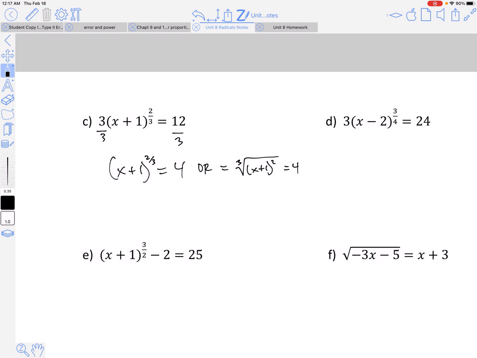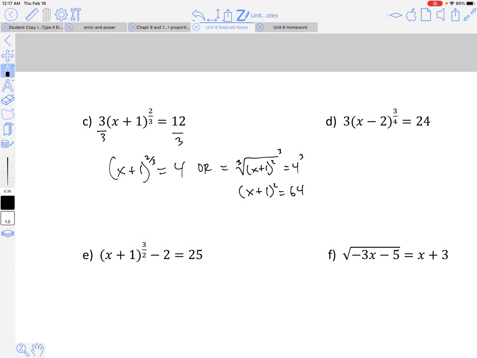So one thing that we could do is we could cube both sides, right? And that will give us x plus 1 squared equals 4 cubed. 4 times 4 is 16. 16 times 4 is 64. What am I doing in the middle of that?